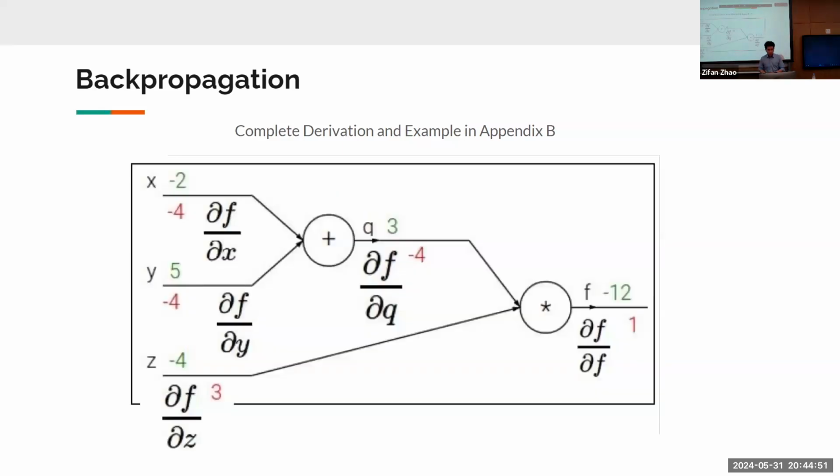One quick example here is we have three variables x, y, z, and x and y go through some calculation and get q, and then q and z go through some calculation and get the final f. When we want to know how much x is influencing the final f, we go all the way from the last layer, which is f here, all the way back to the original x.